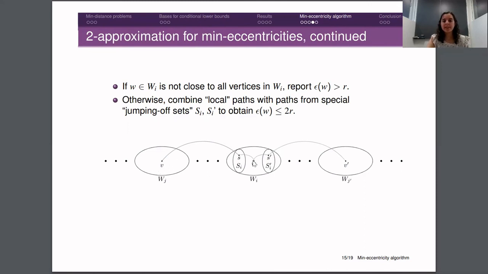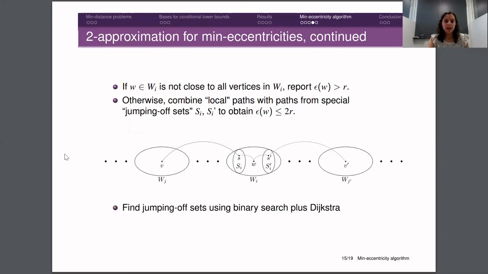So that gives you this min eccentricity of 2R, because W can get to the jumping off set in distance R, and then from there in another distance R, so you get a path length of 2R to anywhere in the graph. And the way you find these jumping off sets ends up being this neat technique that involves doing a lot of binary search and running Dijkstra's algorithm repeatedly.